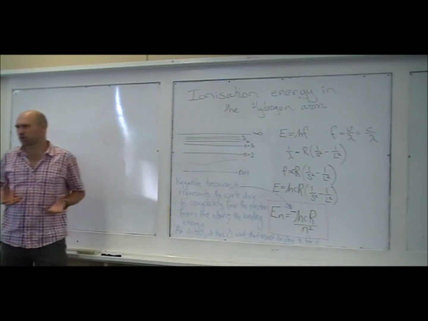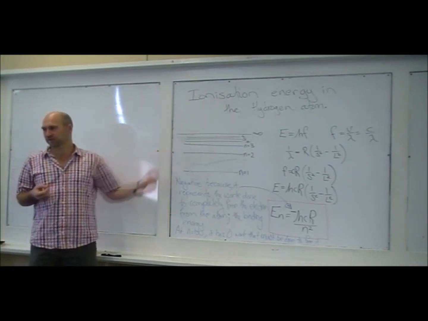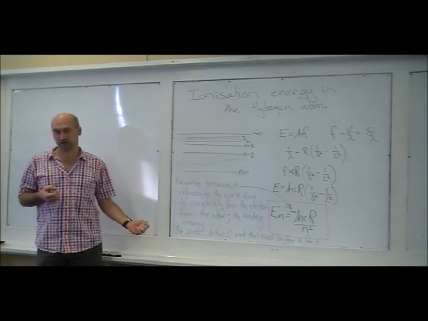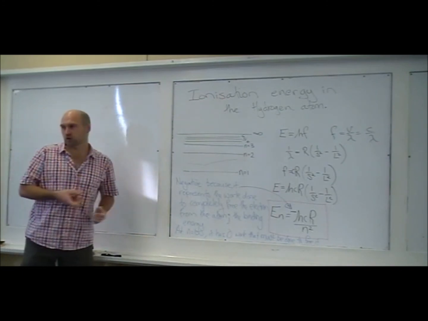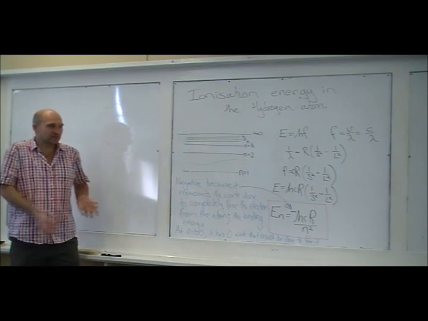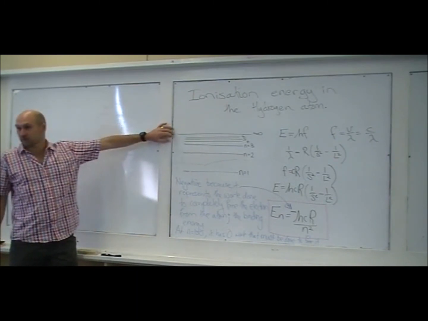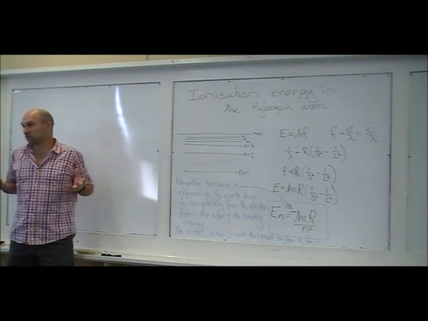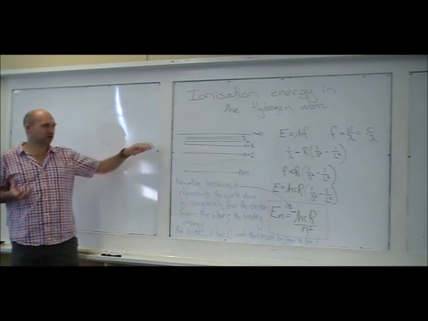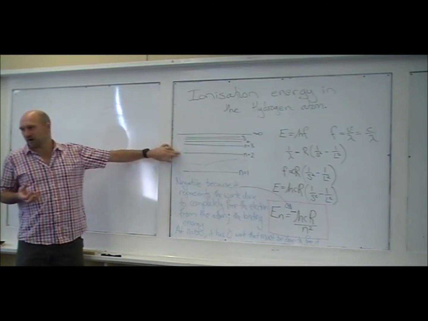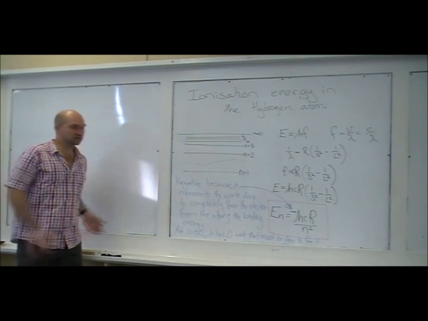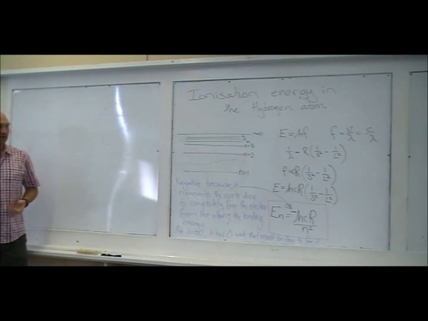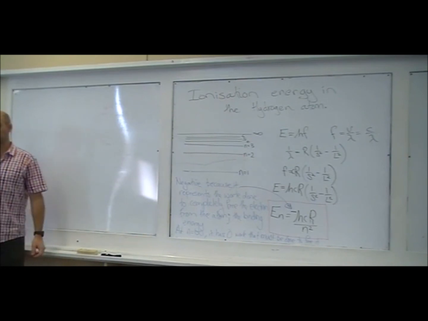We know we have to do work on it because when it falls down, it emits a photon, so it's releasing energy. So it makes sense that we have to do work on it to push it up the energy levels, and that once it's completely free, it's got zero binding energy, nothing is binding it. So it kind of makes sense that the binding energy is negative. It represents the amount of work that we have to do in order to get that electron up to a point where it's unbound, where it's a free electron.